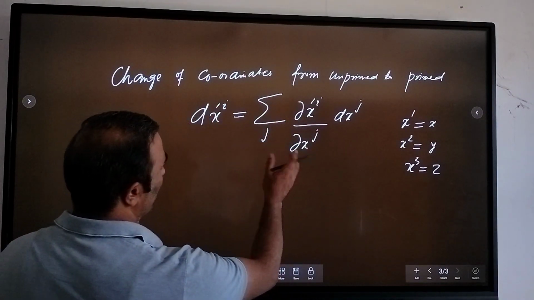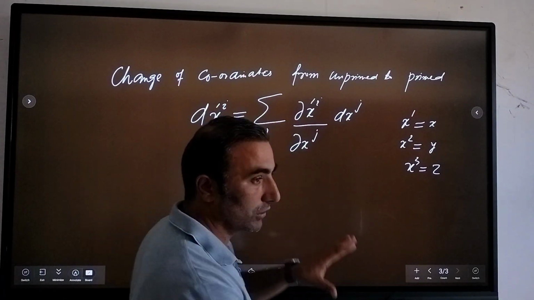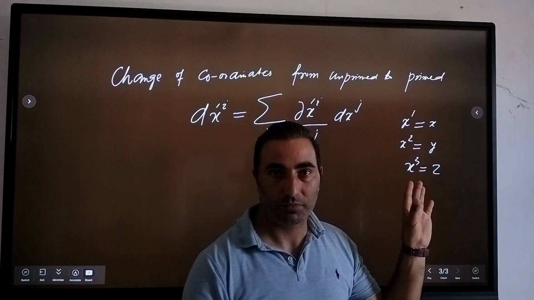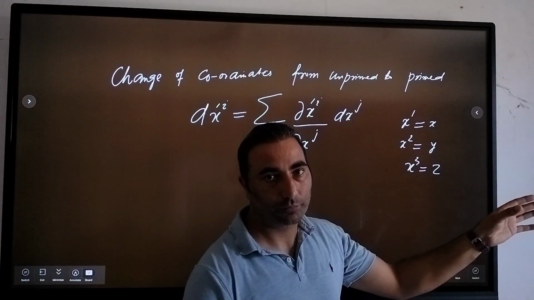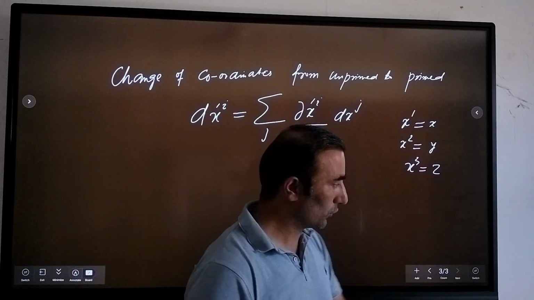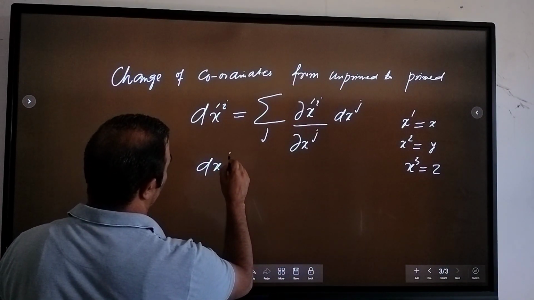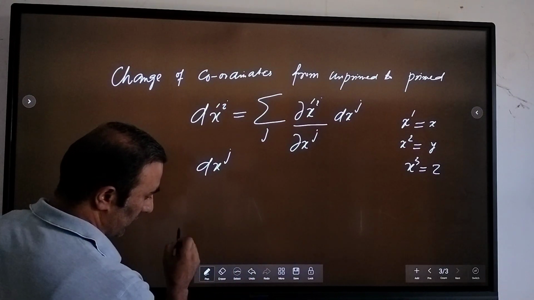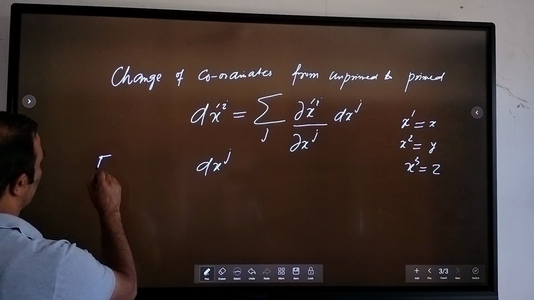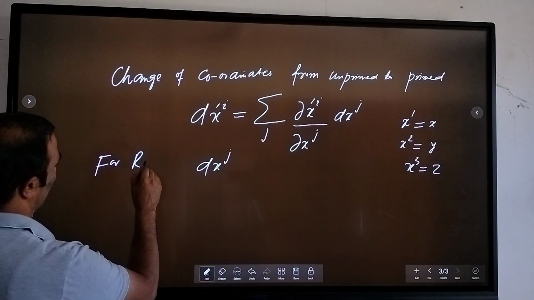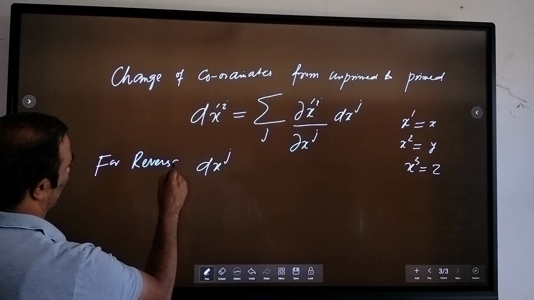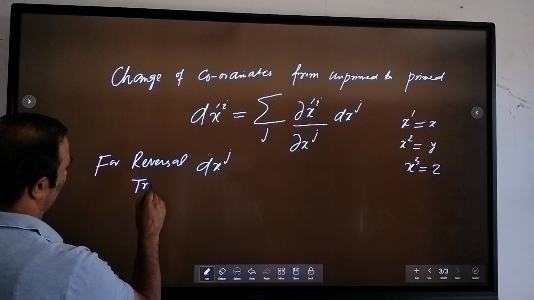So if you write now the reverse of this transformation, from primed to unprimed, so what's our dx_j then? This is for the reverse transformation.